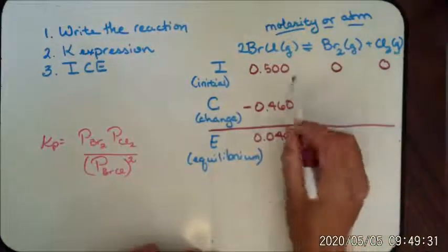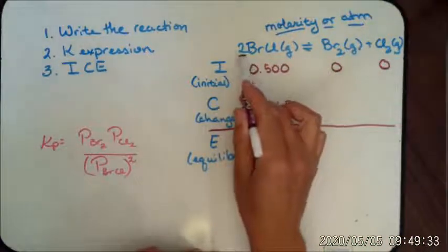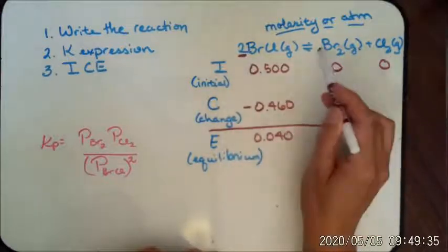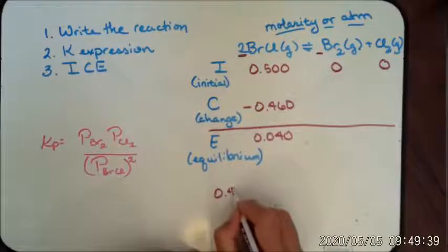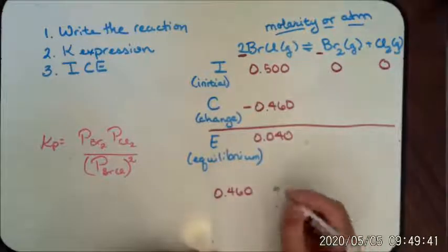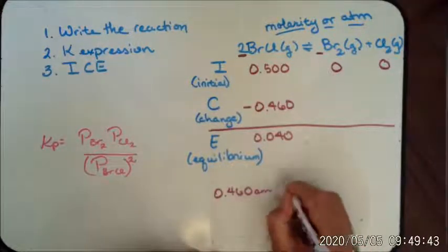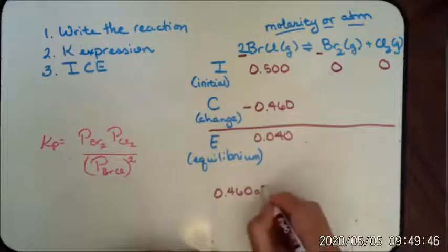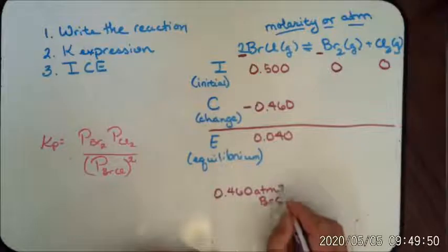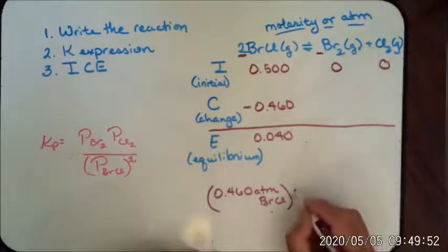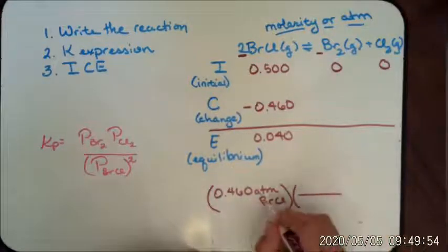Okay, so look at my stoichiometry. I have 2 here and I have 1 there. So if I had 0.460 atmospheres of my bromine chloride, and I want to convert that to bromine, then you use your stoichiometry, right?